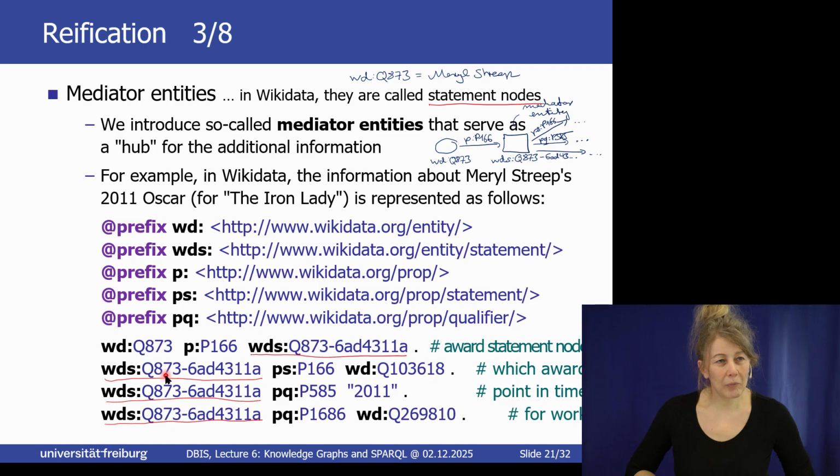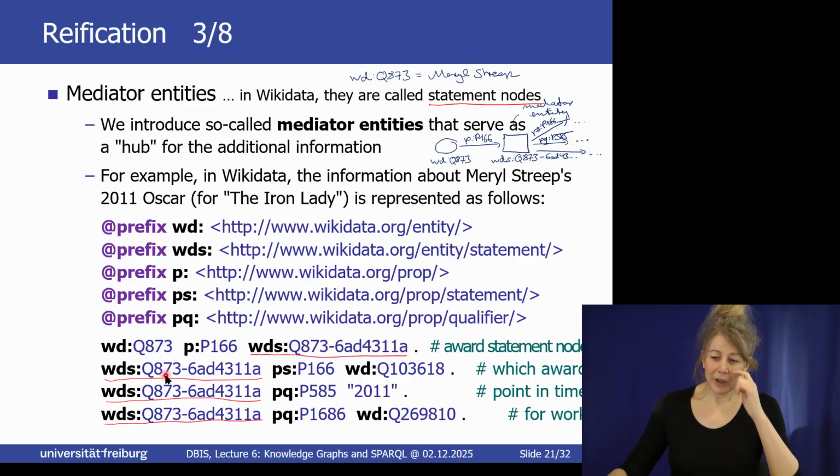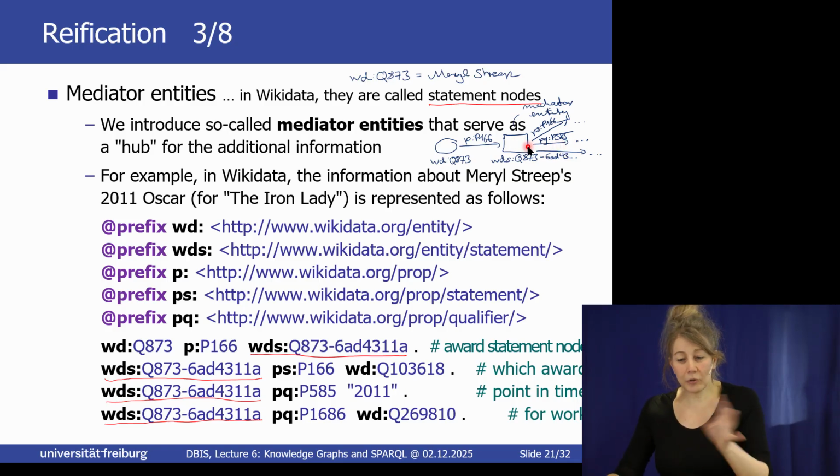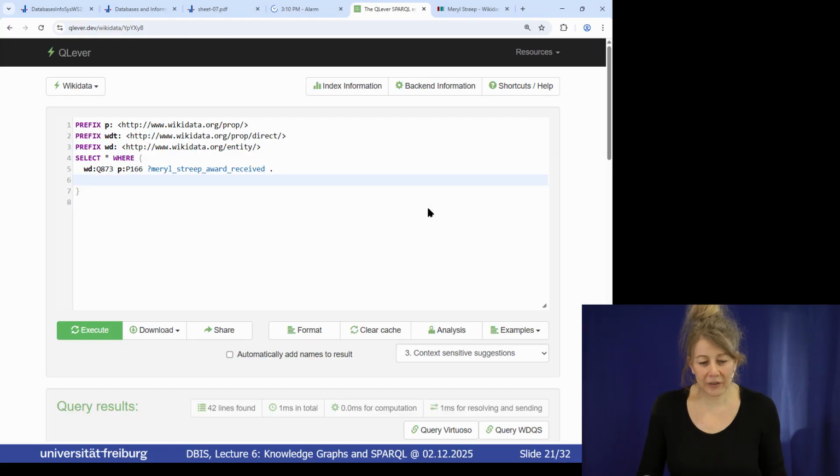If statement nodes can also have another statement node as child? Yes, that's a good question, let's look at this. Can this go further? In principle, of course, maybe I have information here which is again more complex. Let's just do it for the example.